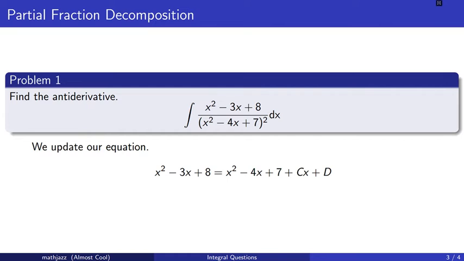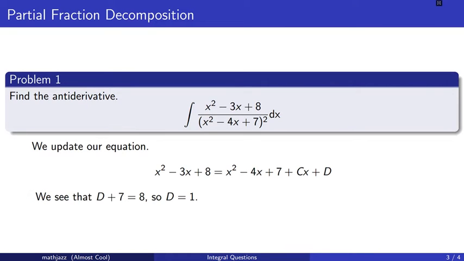So it's getting better. We note also that d is the only constant that is multiplied by x to the 0 on the right-hand side. So 7 plus d has to equal 8. But that means that d is 1.